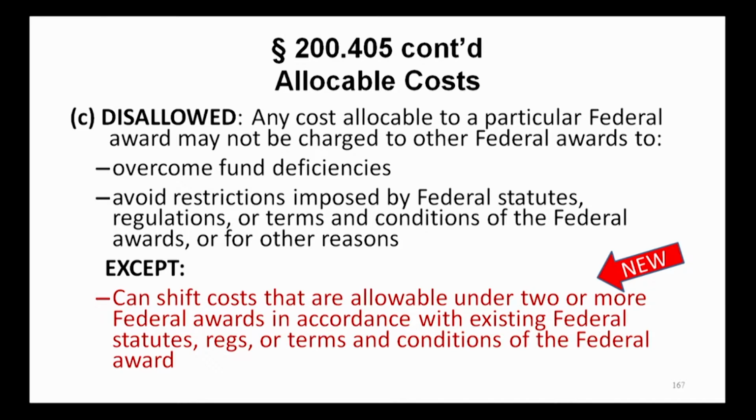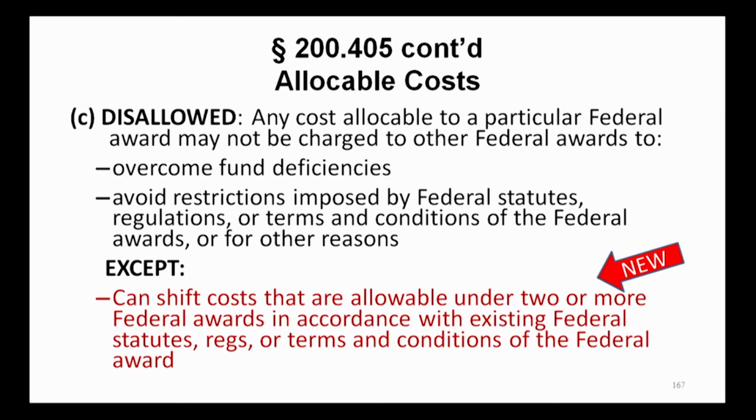Okay, so here's the new thing that's kind of interesting, new language in paragraph C, discussing what are disallowed costs. So any cost allocable to a particular federal award may not be charged to other federal awards to overcome fund deficiency, to avoid restrictions that might be imposed by the federal statutes, regulations, or terms and conditions of the award. We've known that.